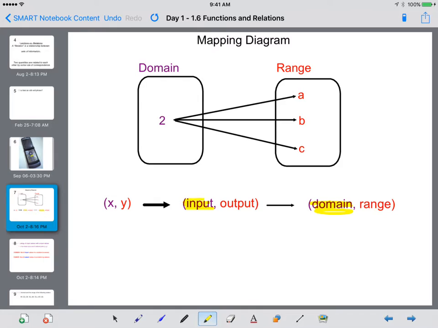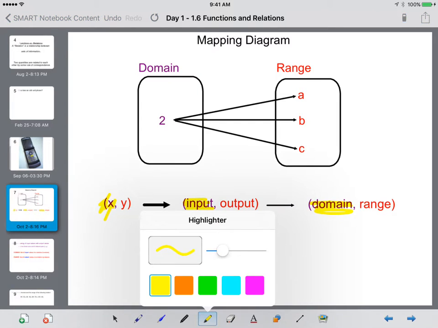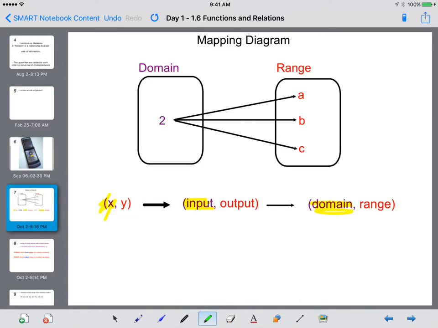It's called our input values. Also can be referred to as our x values in our ordered pair. If we start talking about range, that's our y values or output values. So when you input number 2, you get out A, B, or C.